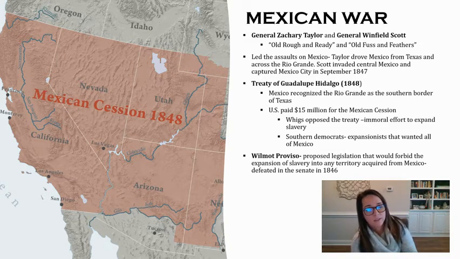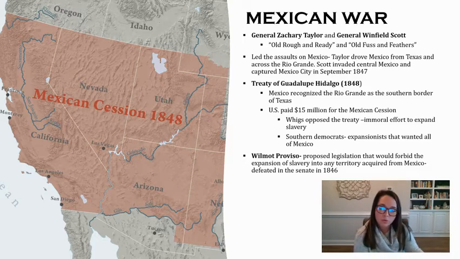Now, with that, something that was proposed in 1846, and this is a really good piece of evidence to show why Southerners were so adamant about gaining more territory. And it was the Wilmot Proviso.